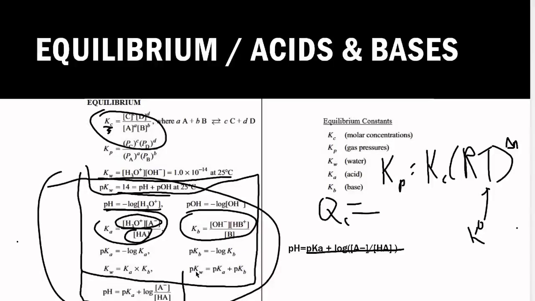And if they're all in P form, which means it is equal to 14 at standard temperature. But if it's not standard temperature, then it's this. You gotta do all this. And P form is just whenever it's negative log, which is great for Ka and Kb.